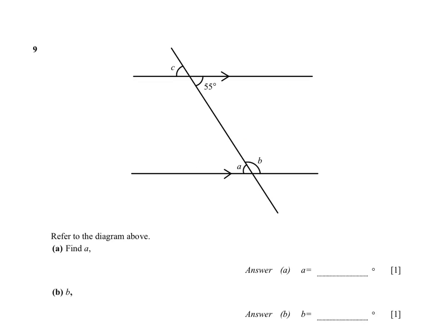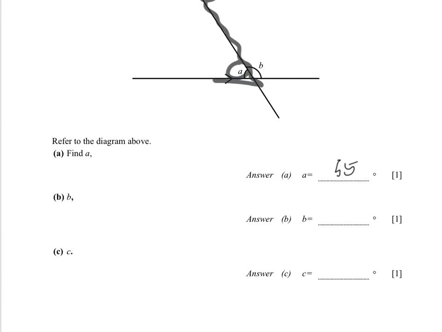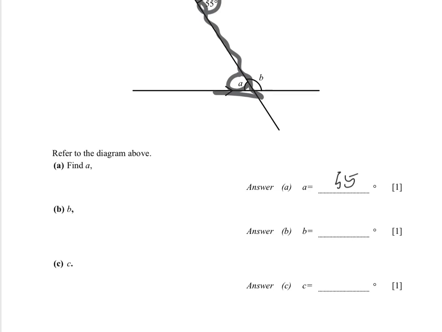Moving on. To find A, since this is an alternate angle, as you can see, if this is 55, then this would also be 55. Then to find B, for angles on a straight line, it will be 180 minus 55.